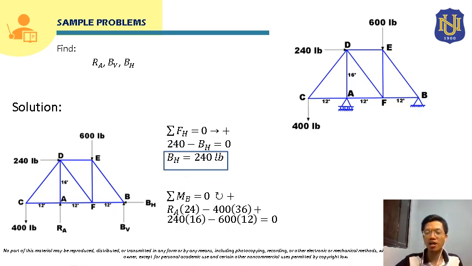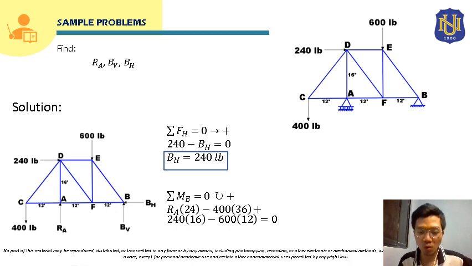So solving for RA, we can transpose the other terms here. We transpose negative 400 times 36 to the other side, so it will be positive 400 times 36. Then we transpose positive 240 times 16, so it will be negative 240 times 16.